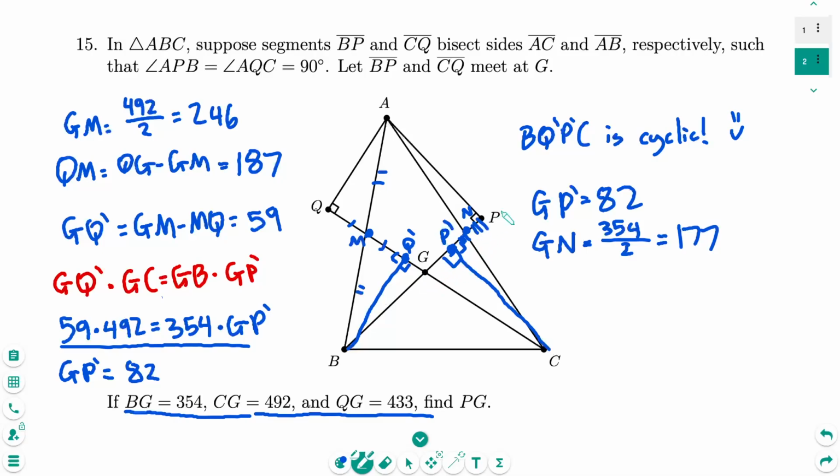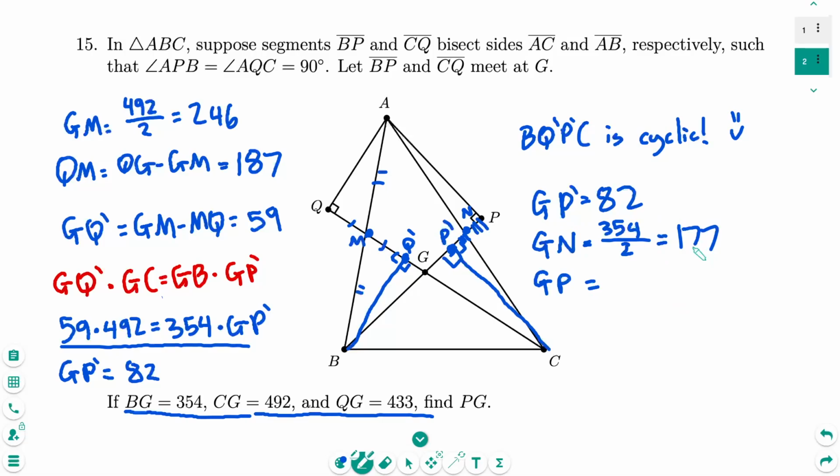Then GP prime, GN, and GP form an arithmetic sequence, because P prime N is equal to NP. Sorry, I realize now the diagram's absolutely atrocious. You can barely see what's happening. But it's just going to be an arithmetic sequence: GP prime, GN, and then GP. So what's next? 82, 177.